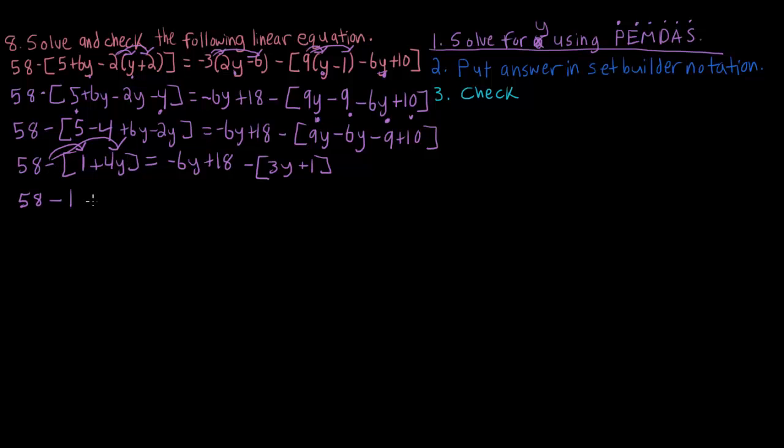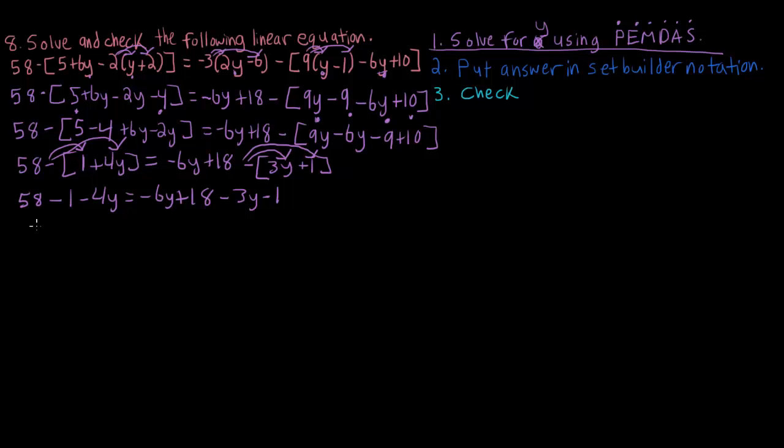The minus times 4y is just minus 4y equals negative 6y plus 18. And over here we have to do the same thing. We have to distribute the negative inside the bracket, so negative times 3y and negative times a positive 1. So negative times 3y is just minus 3y. Negative times a 1 is just minus 1.